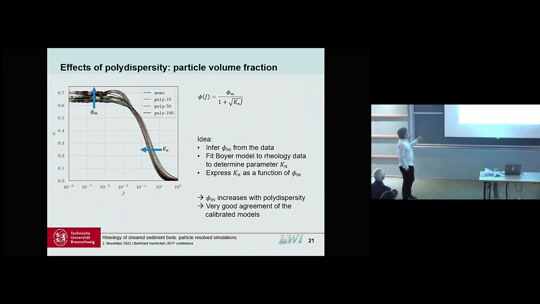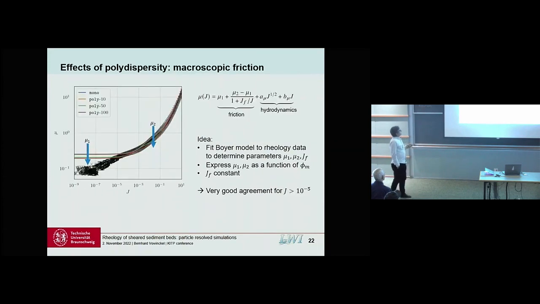So first of all, what we see in the phi of J curve is that phi m increases as you increase polydispersity, and that has been discussed at this meeting many times already, and it's kind of obvious if you think of small particles filling in the gaps in between large particles, and so that's pretty good. And so what we also found is that Kn systematically decreases as you ramp up polydispersity, and you find the same for mu1, which is dictating this leveling off here, and mu2, which is the leveling at this dipping here.